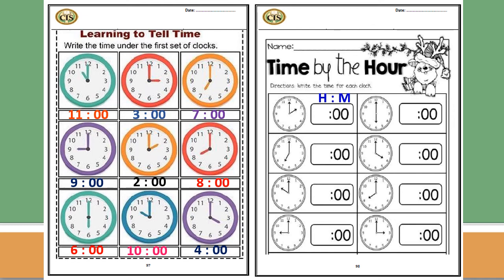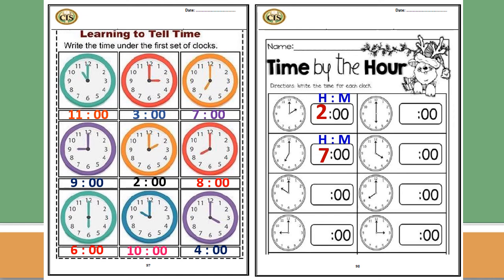Points to 2. So it's 2:00. Okay, let's see that. Here, the minutes hand 0, 0. I want to know the hours. So the short hand points to 7. So it's 7:00.